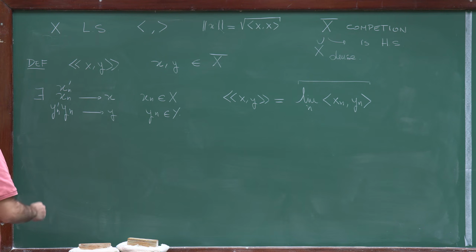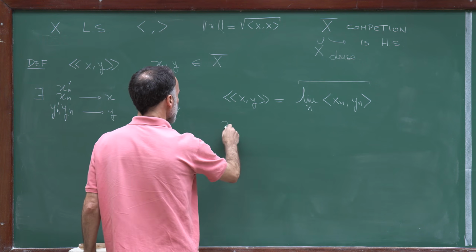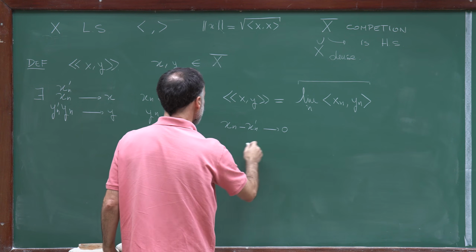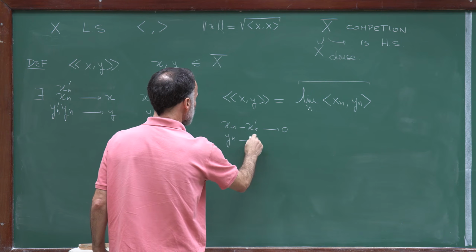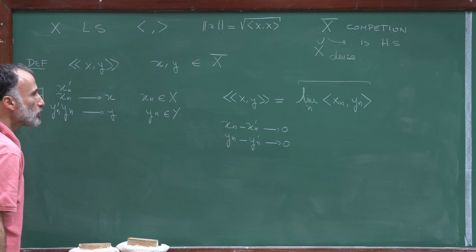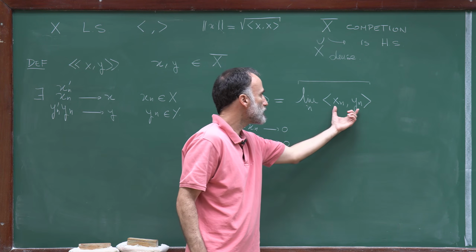So this means that xn minus xn prime is converging to 0, and yn minus yn prime is converging to 0.